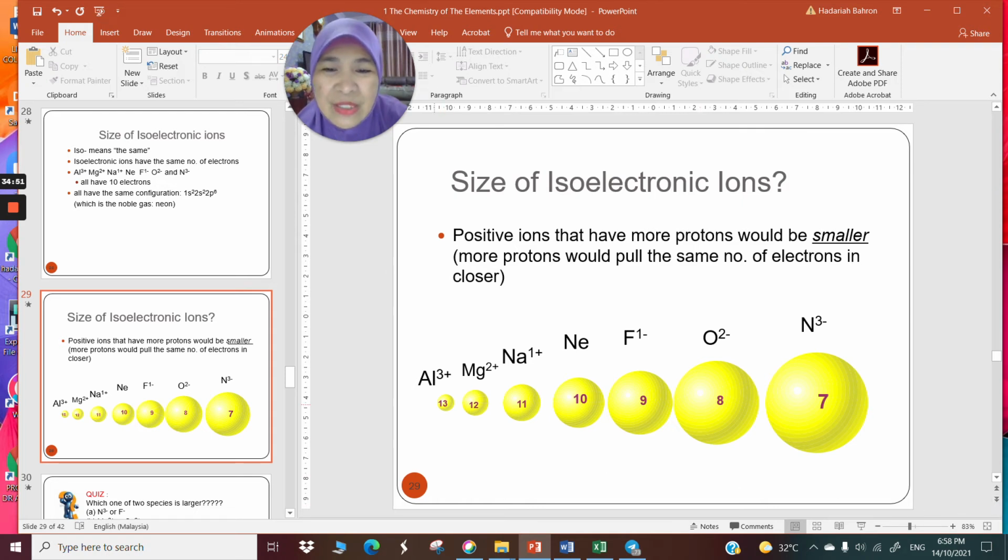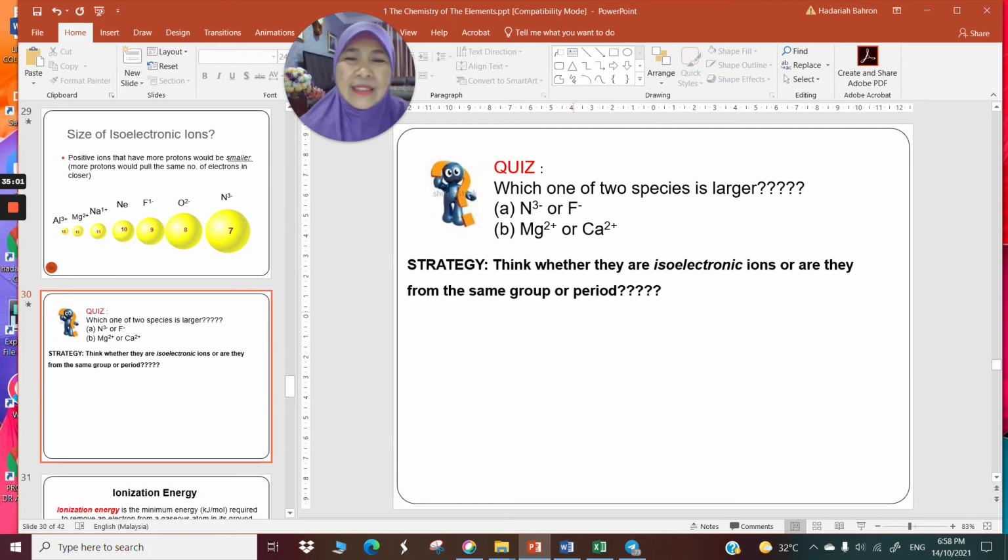You go from the smallest, aluminium 3 plus, to the biggest, nitrogen 3 minus. So you can start comparing between nitrogen 3 minus and fluoride minus, and magnesium 2 plus with calcium 2 plus.